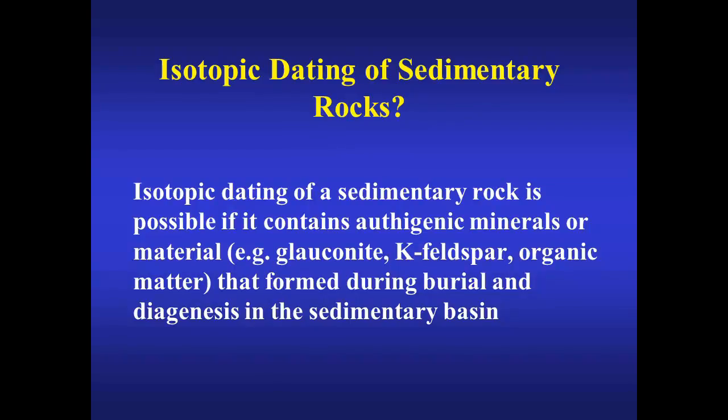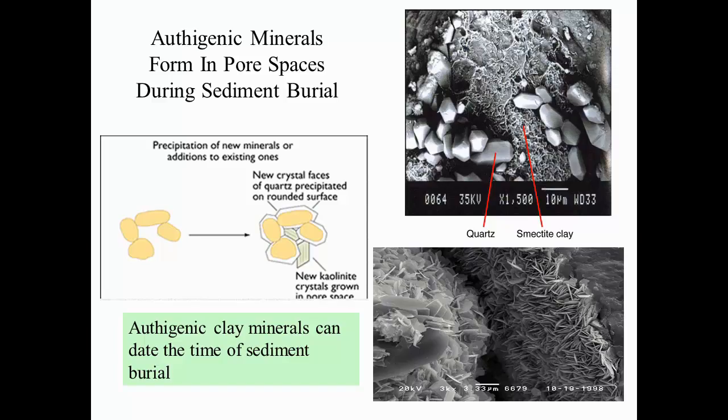Isotopic dating of a sedimentary rock is possible if it contains authigenic minerals or other materials such as glauconite, potassium feldspar, or organic matter that formed during actual burial and diagenesis within the sedimentary basin.